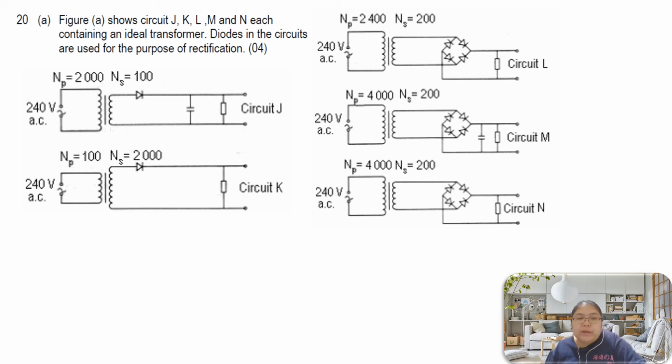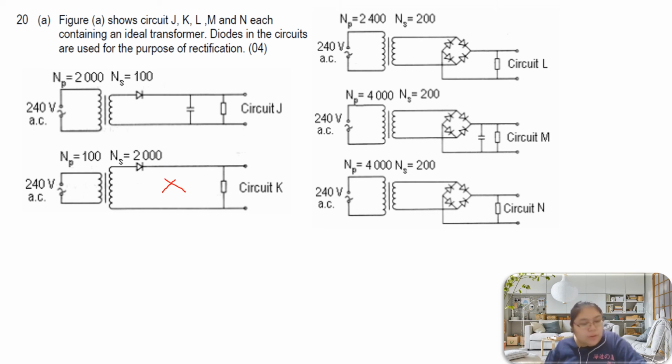If this one is not related, we just cross it. First part, we say we want a step down transformer, is it? So from here we see which part is not step down. I think the first one is also step down. The second one is not step down, so the second one is out. This one is not step down, so we don't need to see.